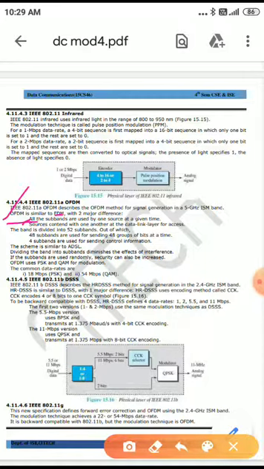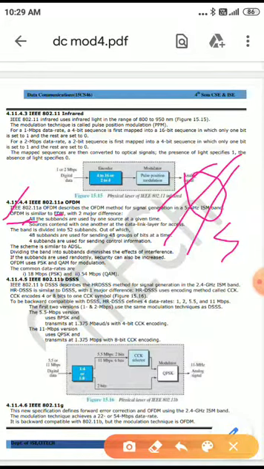First, all the sub bands are used by one source at a given time, which means only one source will use all the bands at a given time.